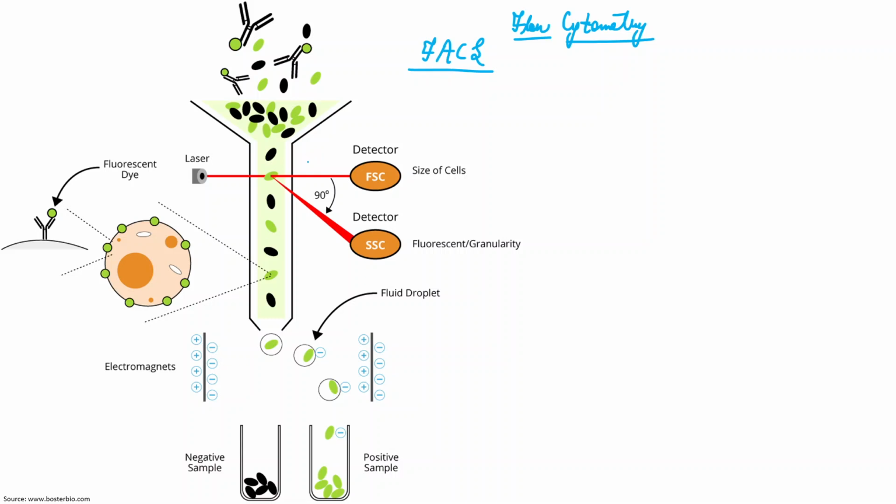In FACS or flow cytometry, we have specific antibodies, as you can see here.